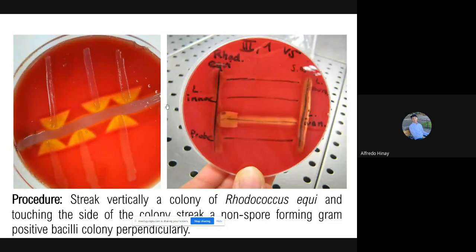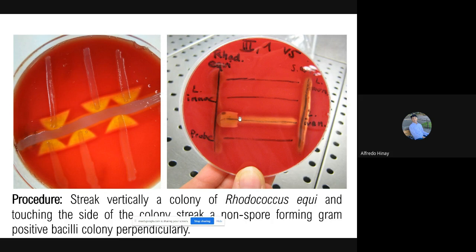Okay, with your Listeria monocytogenes naman class, they use your Rhodococcus equi. Actually, they can still use your S. aureus. Okay? Pero they have this different pattern class.